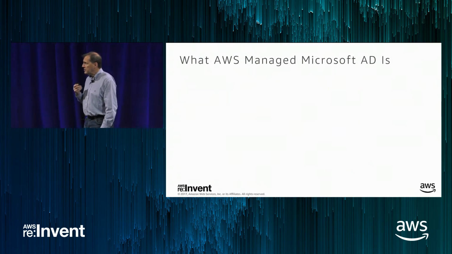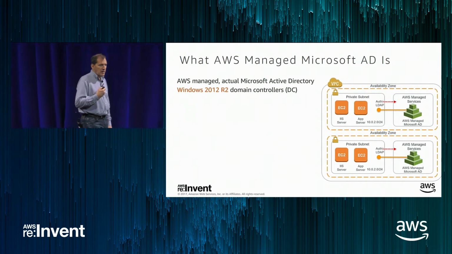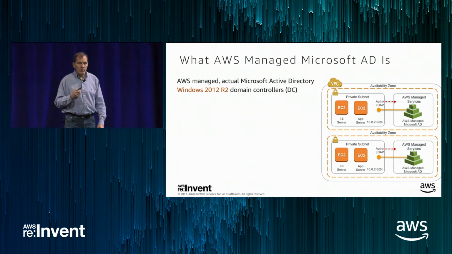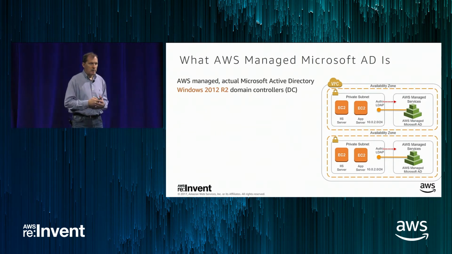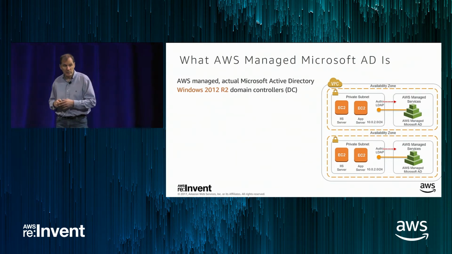First, let's talk about what the directory is. The directory is Windows 2012 R2 domain controllers that are running on EC2 that Amazon manages. You get two of these, and each one of them is in a different subnet. The subnets are in different availability zones, and that gives you some resiliency in case one of the subnets or one of the availability zones went down.